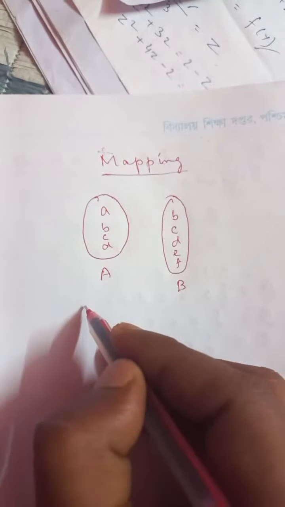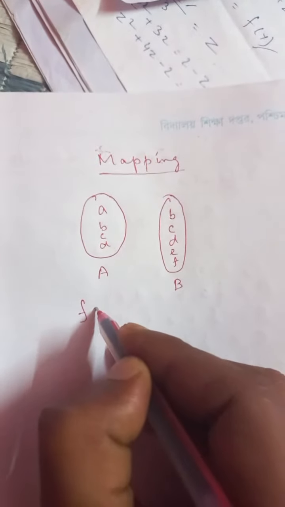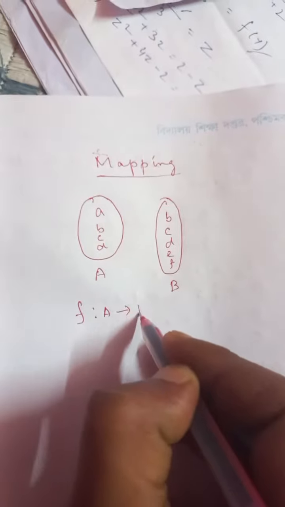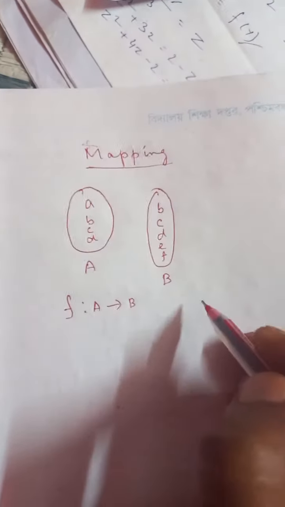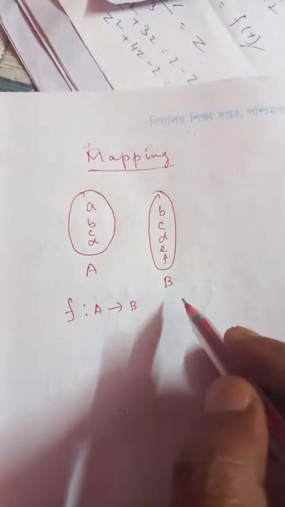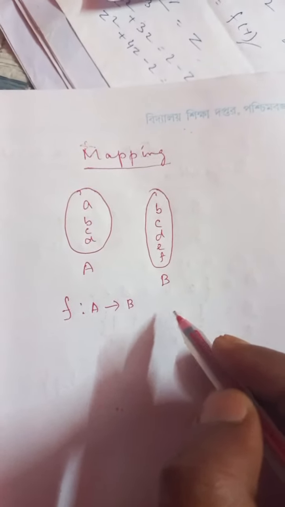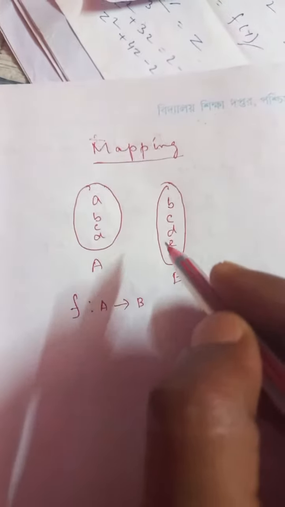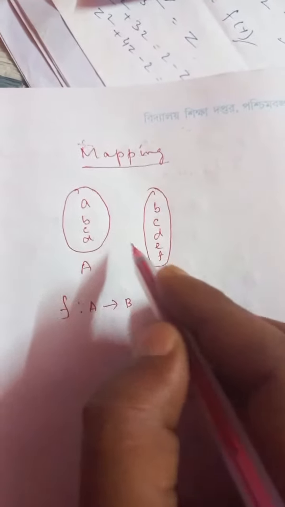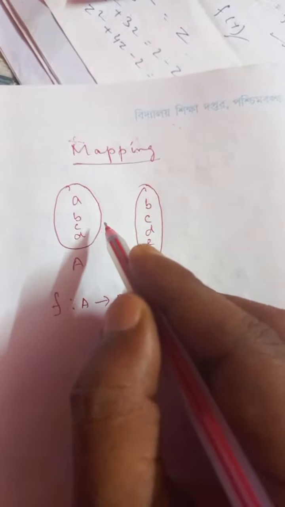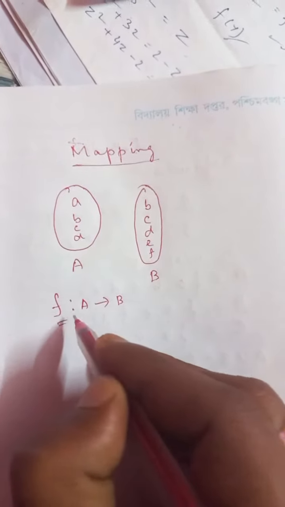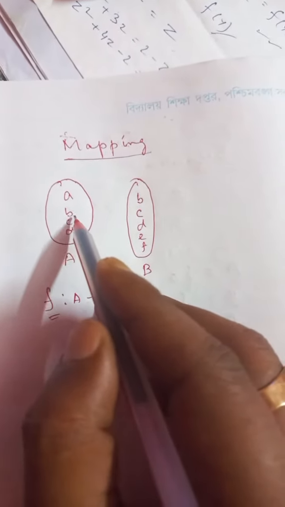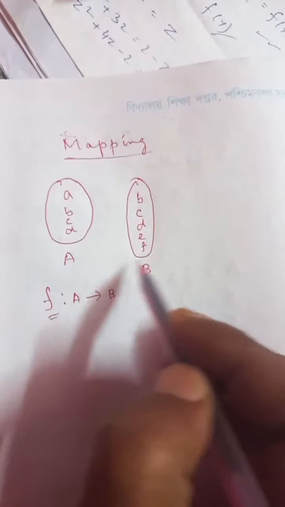So a mapping or a relation denoted by F from A to B can be defined in this way: a mapping is defined such that two elements are common or similar in both the sets.